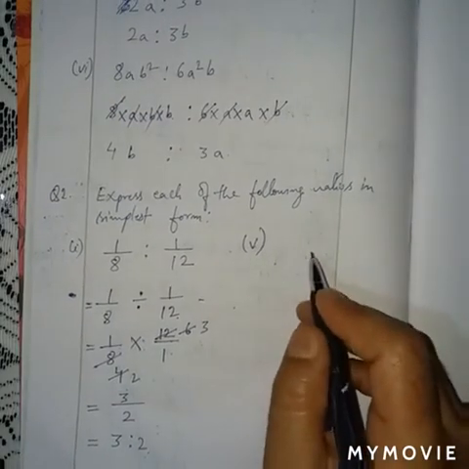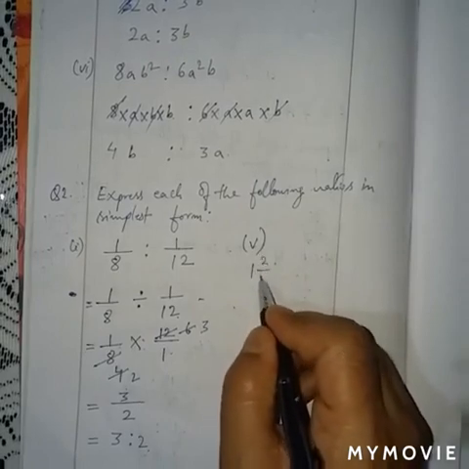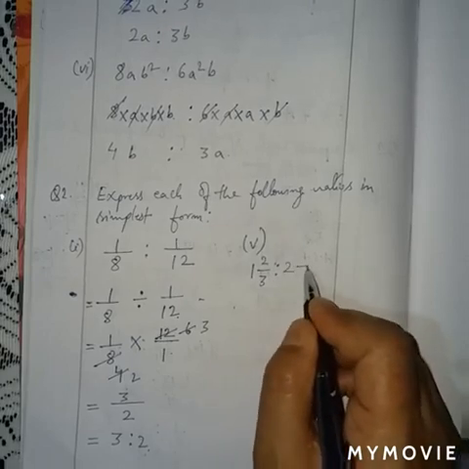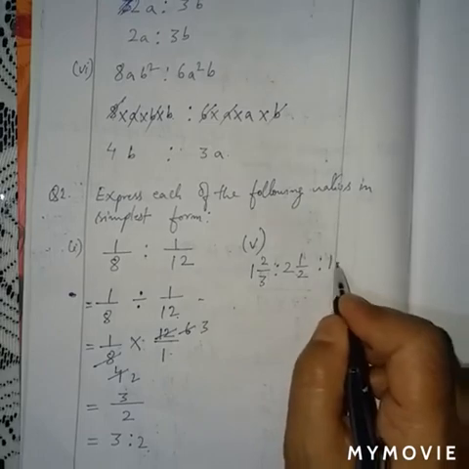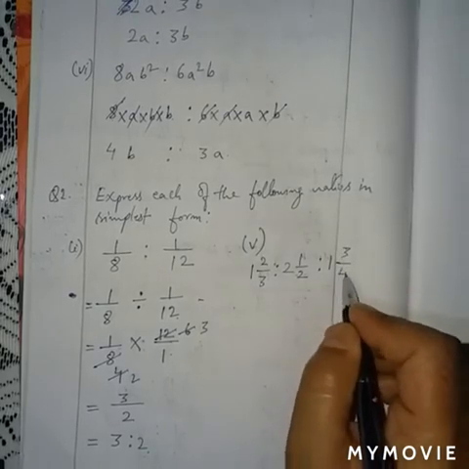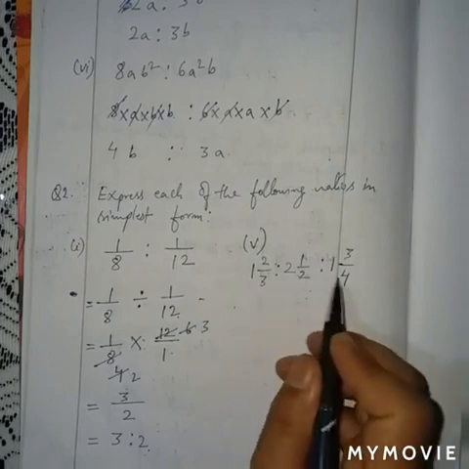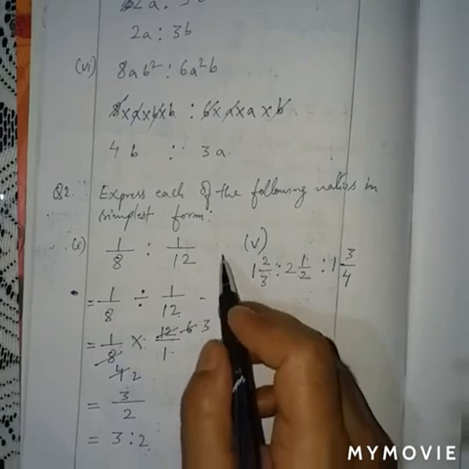Now question number 5 is like this. 1 whole 2 by 3 is to 2 whole 1 by 2 is to 1 whole 3 by 4. First we have to change all these mixed fractions to improper fractions.